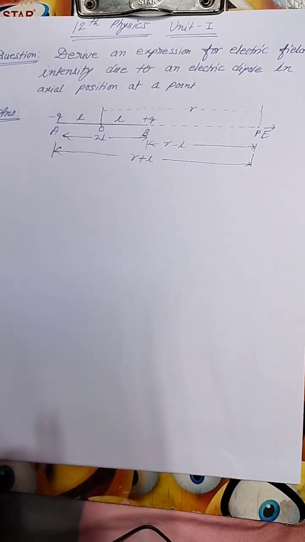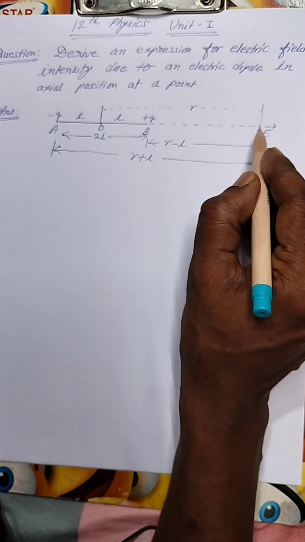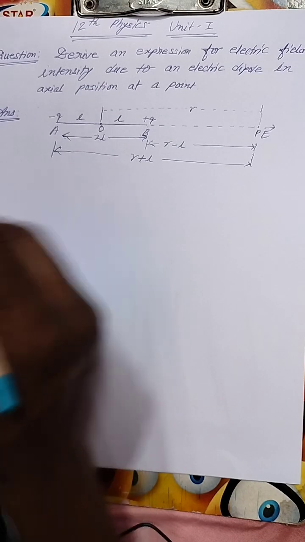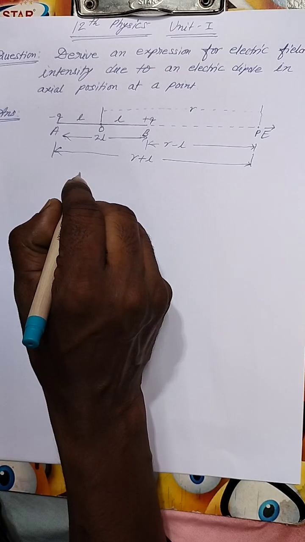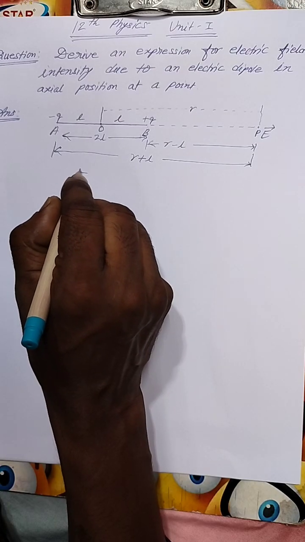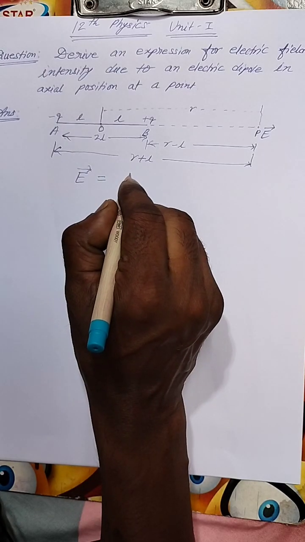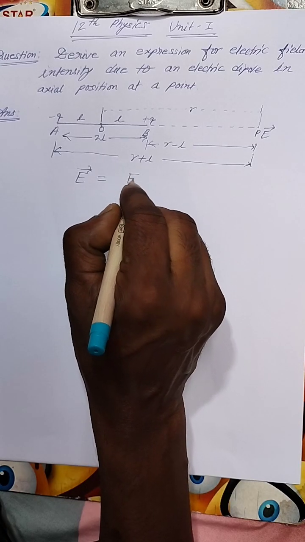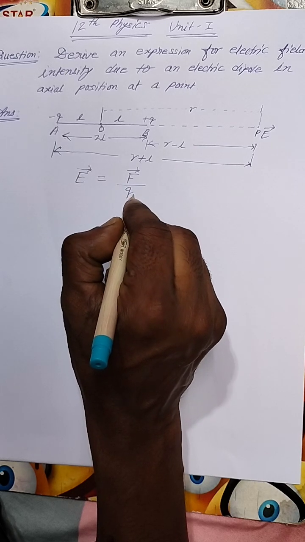Okay, now we will find out the intensity of electric field. Electric field E is equal to force upon q0.